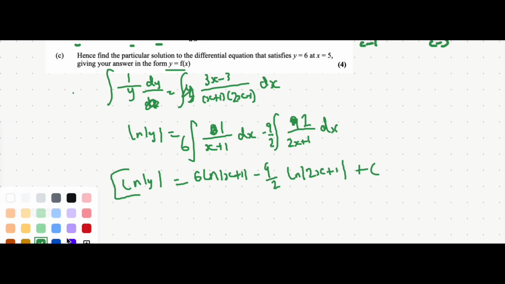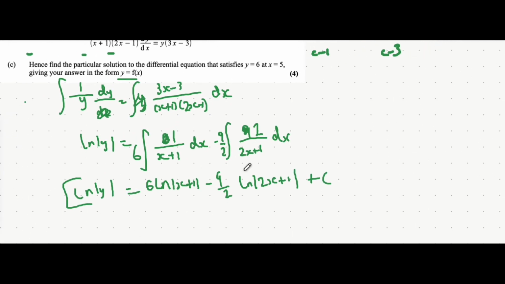I'm just going to change my pen color. So let's substitute in y equals 6 and x equals 5. So we have ln of 6 is equal to 6 ln of x plus 1, which in this case is 3 plus 1, so 4. Oh, we actually don't even need to put in brackets. Okay, let's leave it in brackets, it's fine.